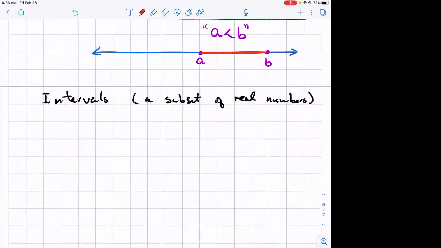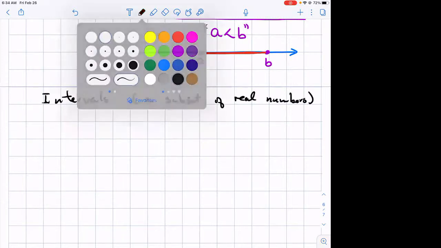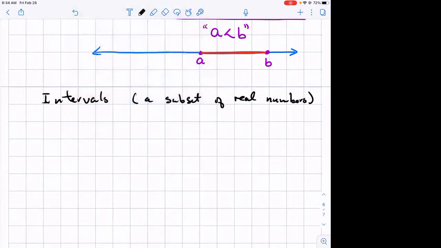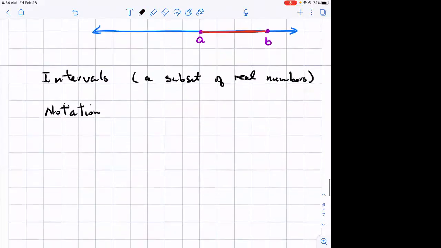Now, you will see different types of intervals. For example, if you look at the notation, let's say (3, 5), and this is not a point. I'm not plotting points.